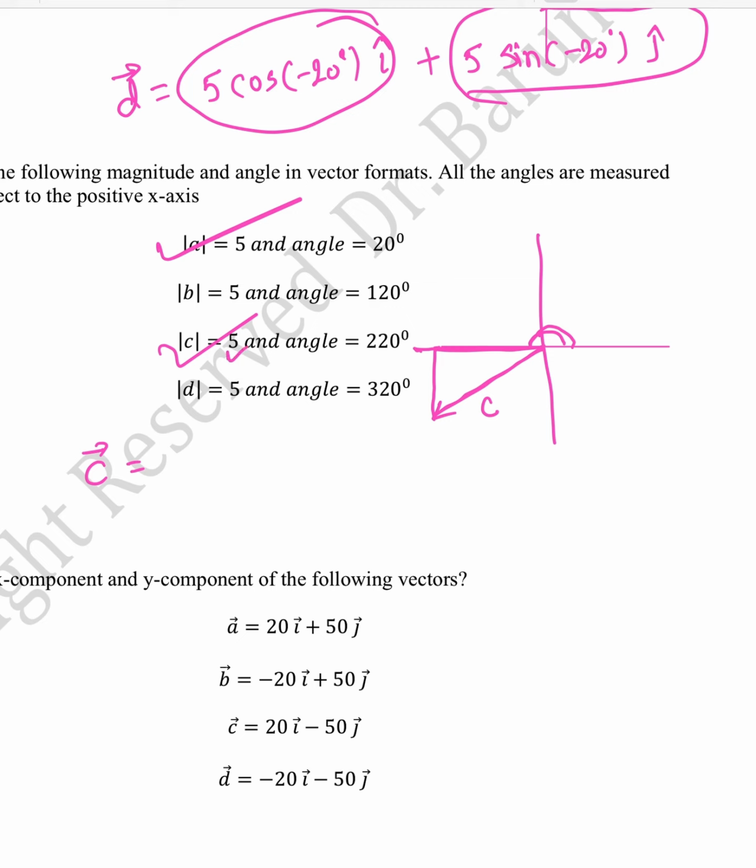So we have the magnitude, that is 5 cosine 220 degrees. If I consider this angle, let's call it alpha, then this component will be c cosine alpha, and my y component will be c sine alpha.